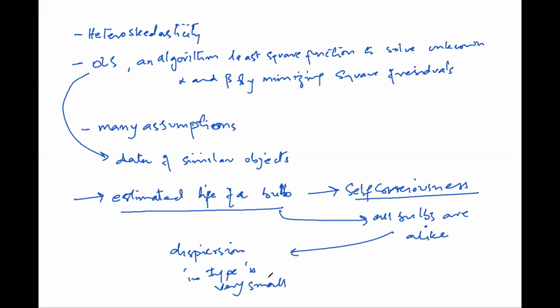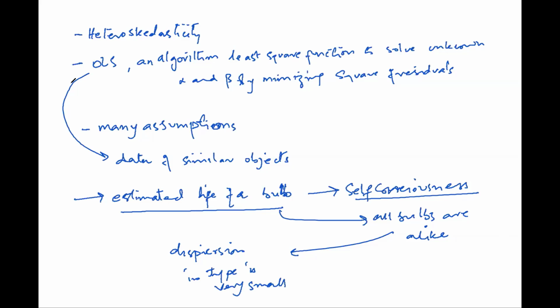Even if you see a difference in the quality of a bulb, the difference in types is not very big. So when you estimate a model, OLS will work fine because you don't have to consider that bulbs could be different from each other. The estimating model will perform sweetly, as we saw in the theory, that OLS will give you estimates and it has this advantage and that.